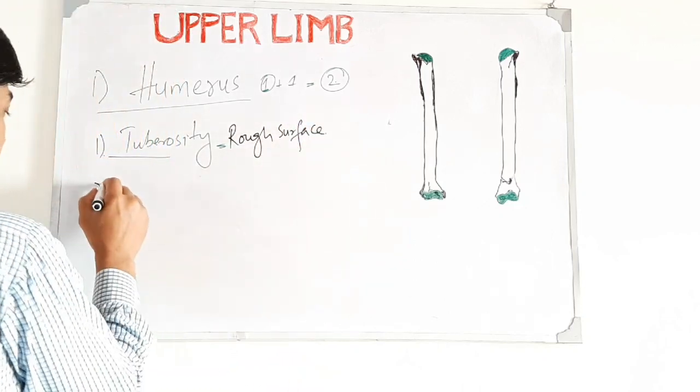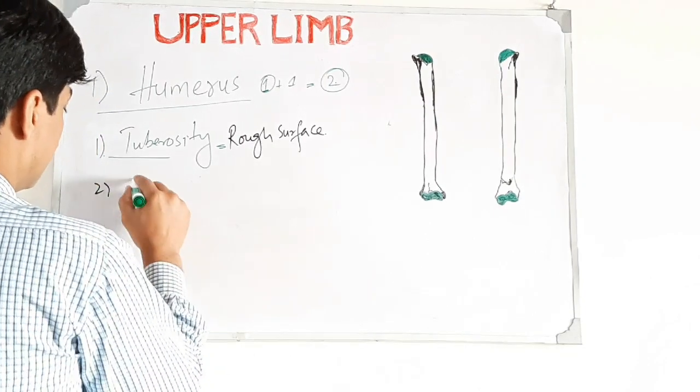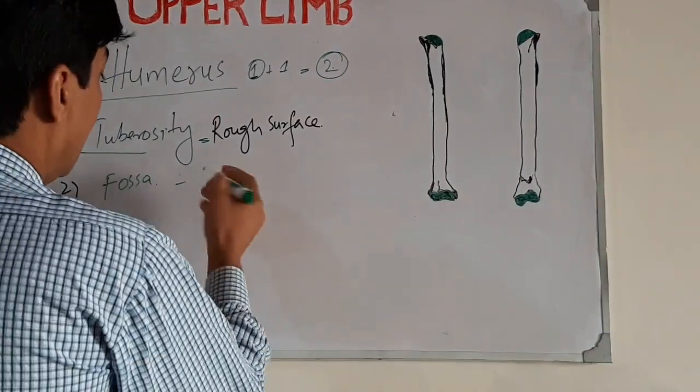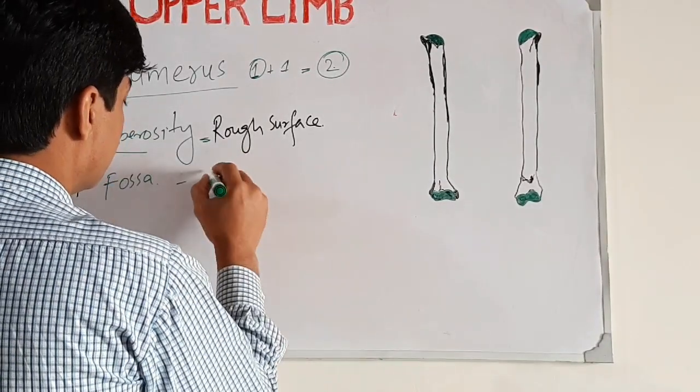Second is fossa, a hollow space in any bone.